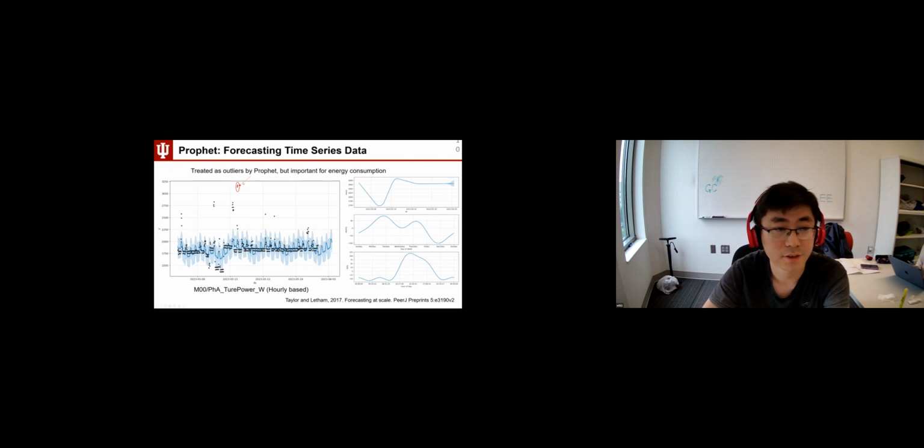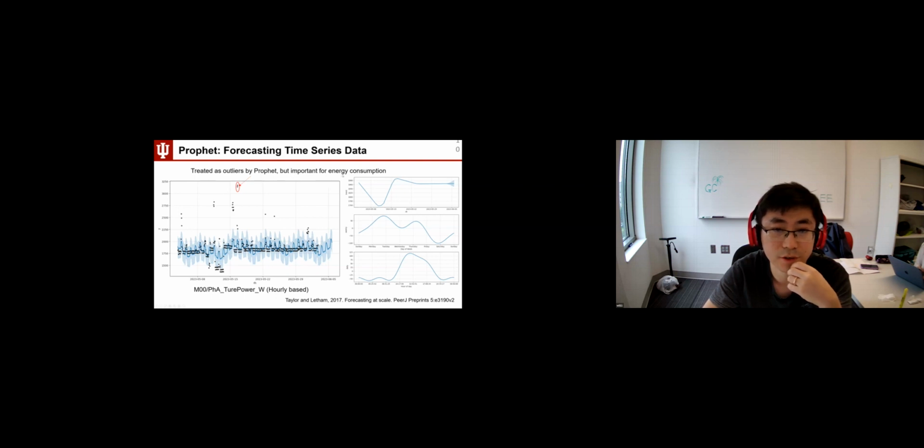So I can see one point for Prophet is that it treats this higher point as an outlier. But this is actually some devices running in this time period, which leads to higher energy usage.